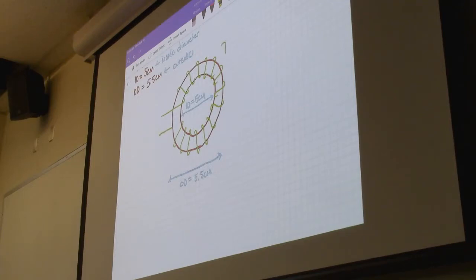This should be 25 turns. I probably did not draw 25 turns, but it was hard for me to count and draw at the same time.